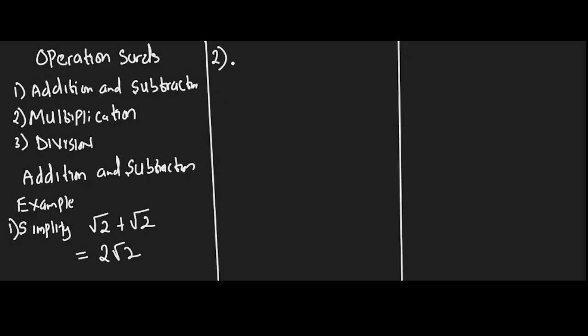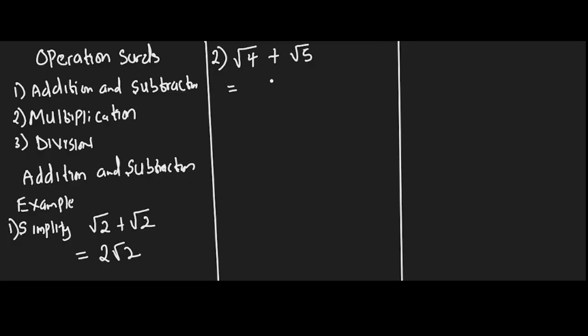Another example, if we have root 4 plus root 5, in this case, you can see they are different, so they are not similar. So root 4 is not similar to root 5. Then what do you do? Now, I said earlier, check the surds if they are in their basic form and if they are similar.